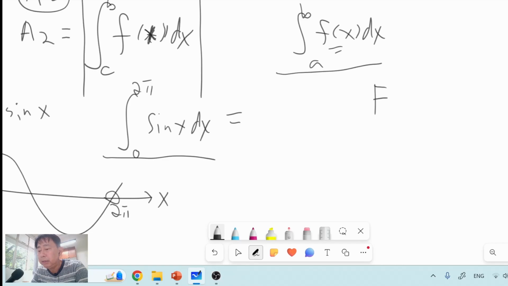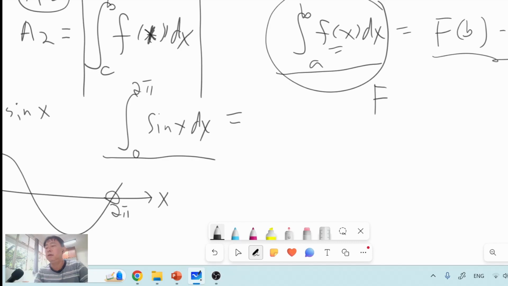So by knowing the antiderivative of the small function, you evaluate the antiderivative at the upper limit, and you calculate the antiderivative at the lower limit. The difference would then be the definite integration of the small function f of x.